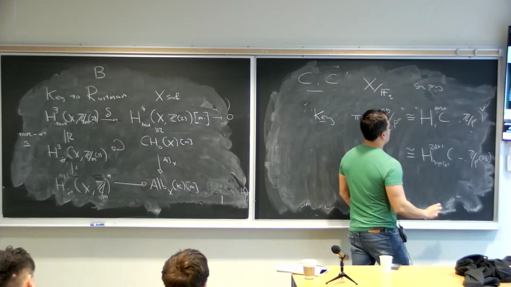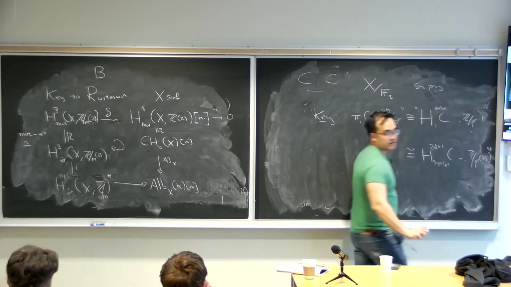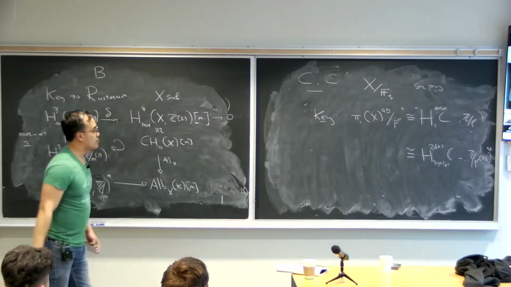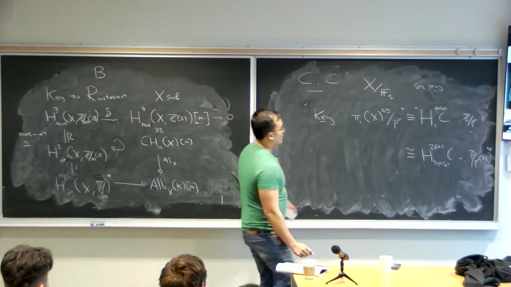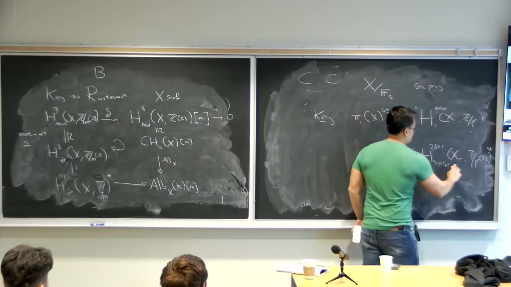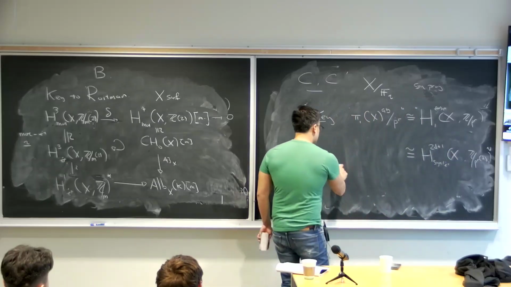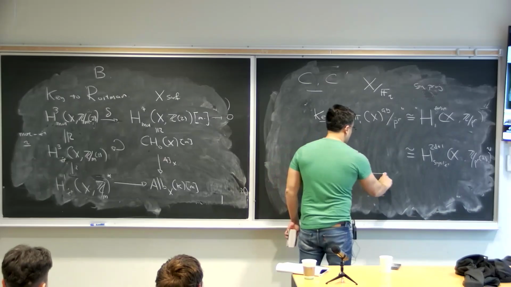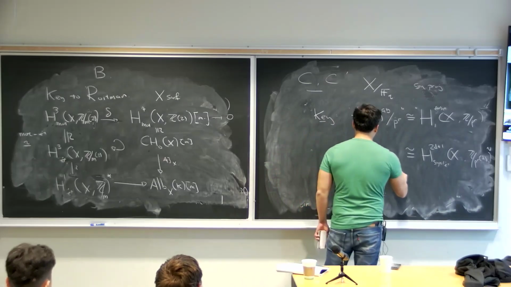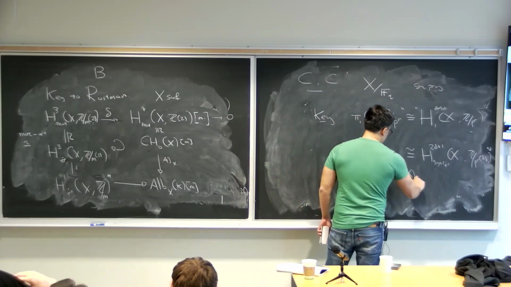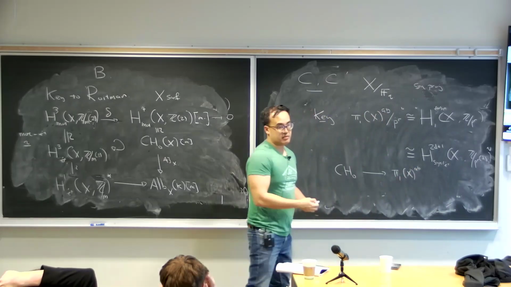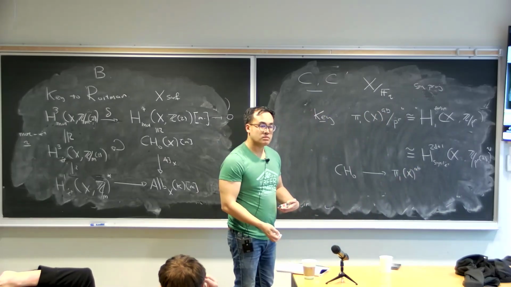Yes, dual, like here. What goes in the H1 of what? X. So the Frobenius substitution map to this pi 1 of X abelianized can also be thought of as a comparison between motivic to étale homology.